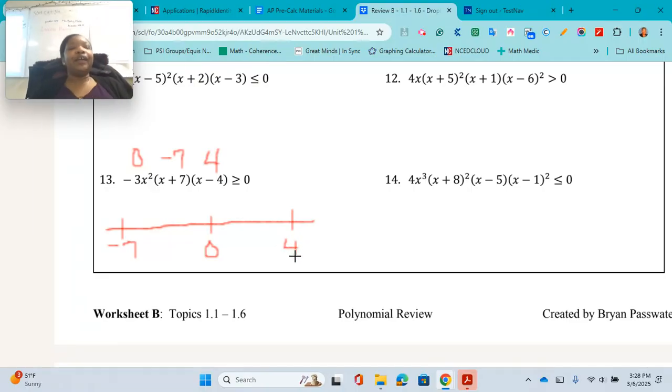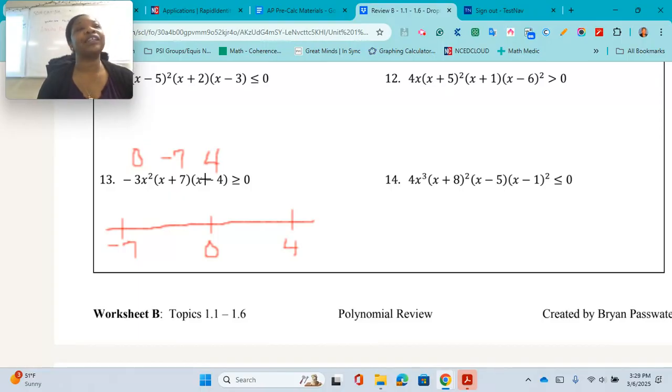What is the degree of this polynomial? 4. That tells me that the degree is even, and the leading coefficient is negative, because negative 3x times a positive is a negative. What does the coefficient do for the graph?